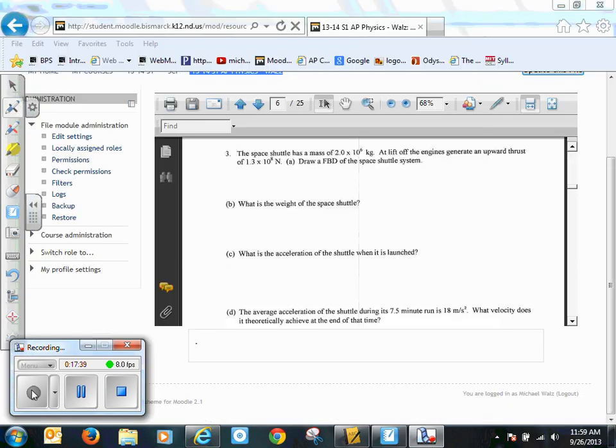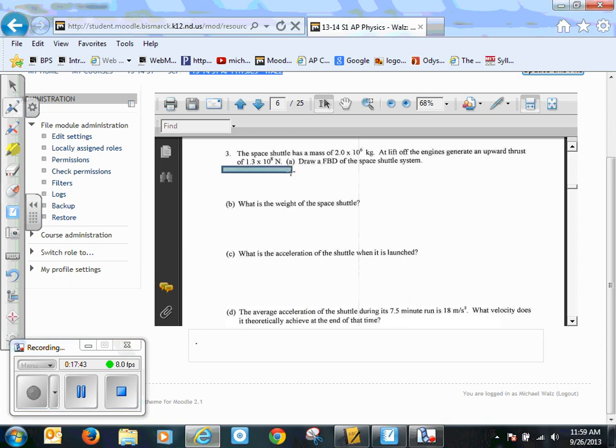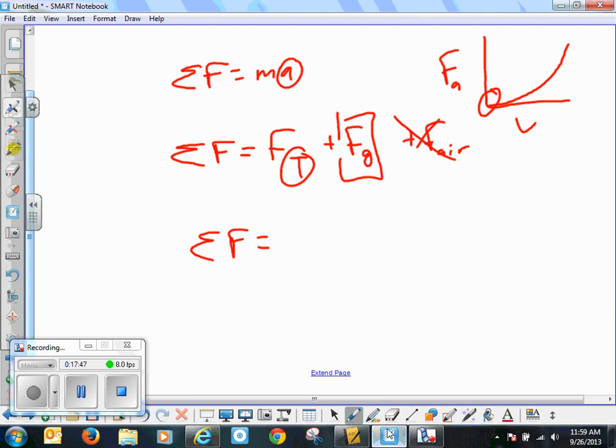Okay, it says right here the force of thrust is 1.3 times 10 to the 8th newtons. So we can put in 1.3 times 10 to the 8th newtons. And then really it's minus the force of gravity, right? Because even though it's a plus, because it's a summation, the gravity is in the opposite direction of the thrust. So you have to indicate that with direction with that sign.